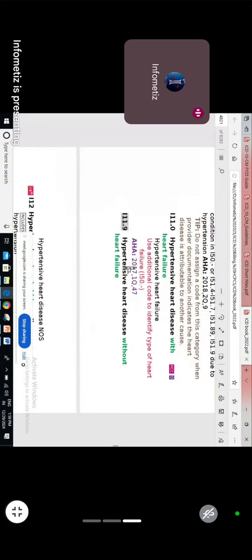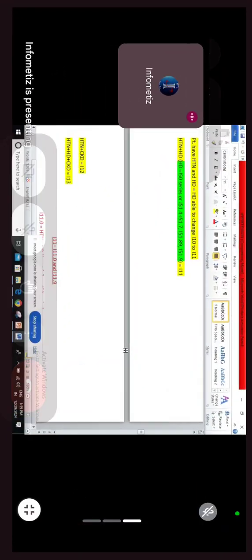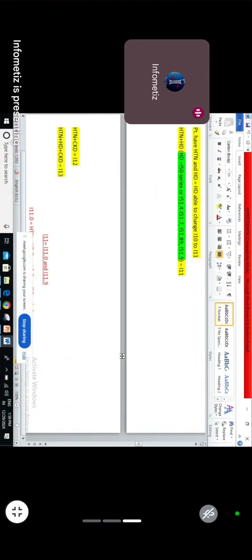See, with heart failure. So heart failure is also a heart condition. What is the code range for that? I50. Remember, in I11 I have written here I50 series or I51.4 to I51.9. That will change I10 to I11. In I11 also we have a bifurcation: I11.0 and I11.9.